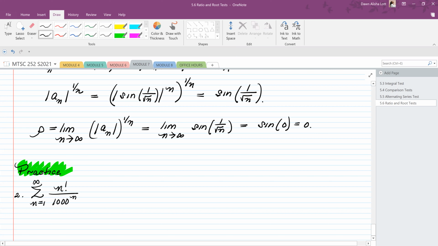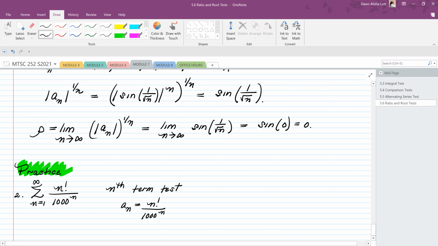Okay. All right, so this one, again, as I said to you before, factorials are always wonderful for the ratio test. Now, if I wanted to try to just use the nth term test of divergence, an is n factorial over 1,000 to the n.